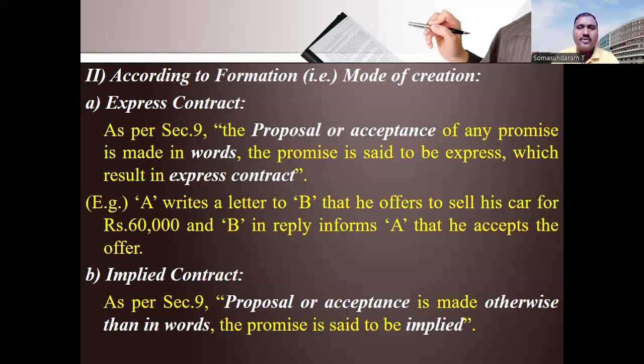This is about how you are going to make it. It depends upon what type of contract you are going to enter, whether it is related to business, trade, or a personal matter. Based on that, you can say whether it is an express or implied contract.